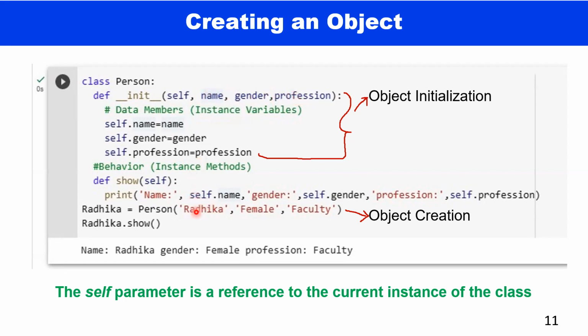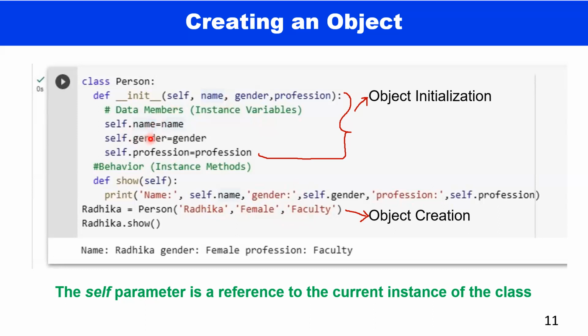So whatever value you pass as the first argument, Radhika, is going to be assigned to name. Similarly, female is going to be assigned to the attribute gender. And similarly, faculty is going to be assigned to profession. Likewise, depending upon how many attributes you want to initialize, that many values you have to pass whenever you create an object.